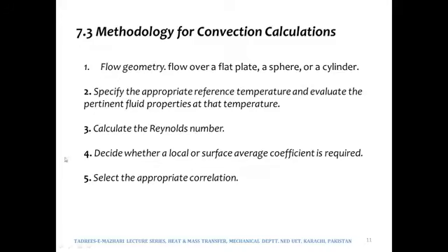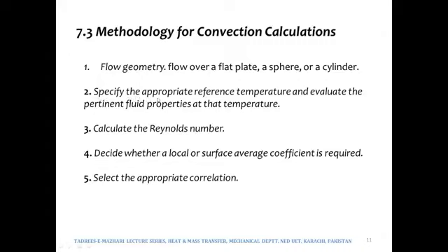So these are 5 typical points, but these are not some sort of universal points for the convection calculation. It says we need to focus upon the flow geometry, whether the flow is taking place over a flat plate or over a cylinder or over a sphere, right?